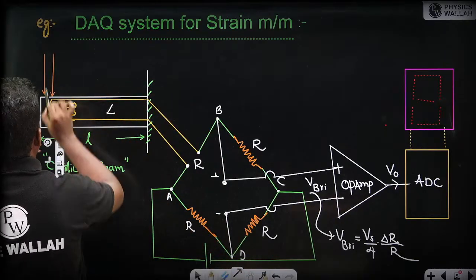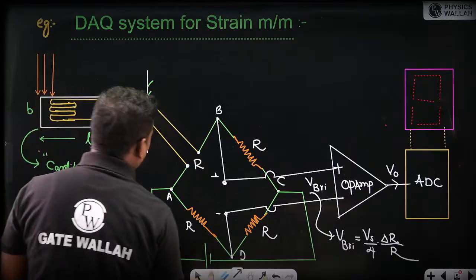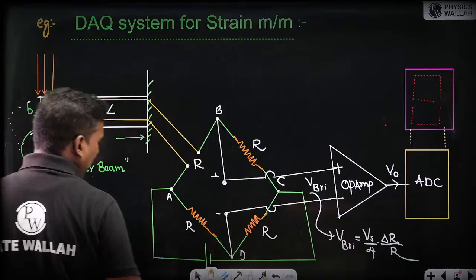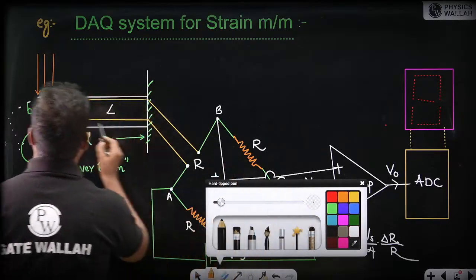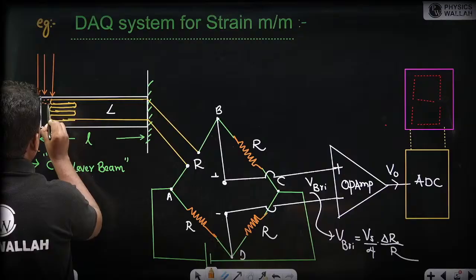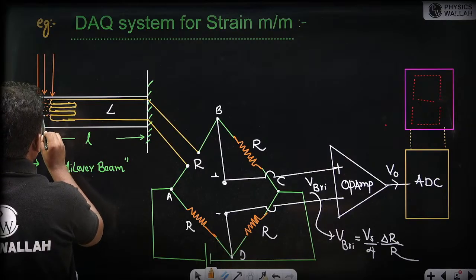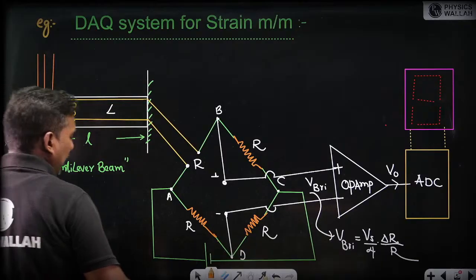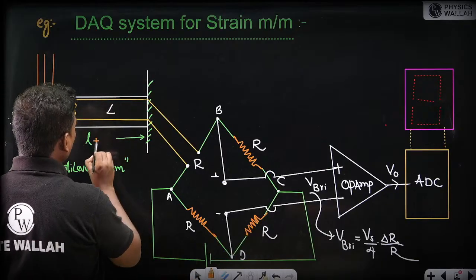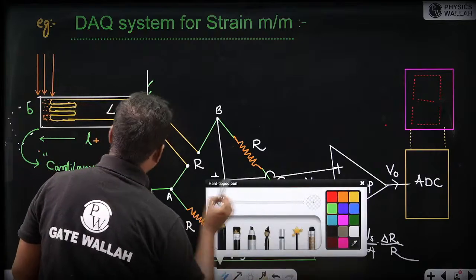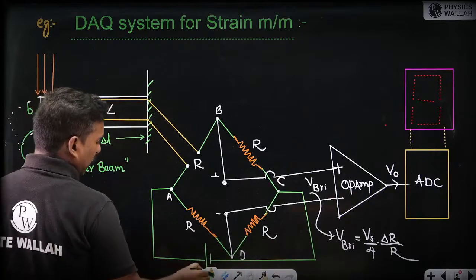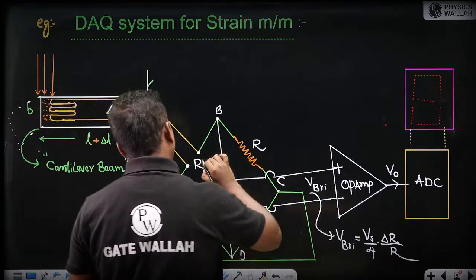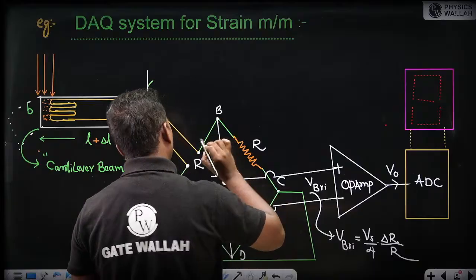If you see, this cantilever beam bends, and the strain gauge also expands. When it expands, it will be L plus delta L here. This will be R plus capital delta R.